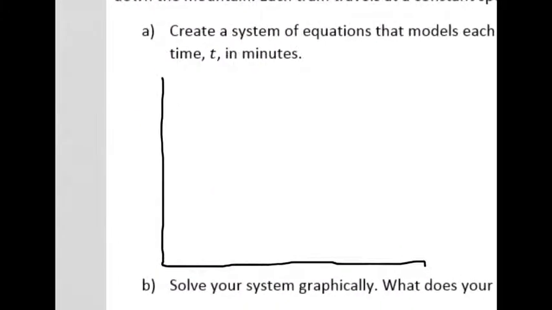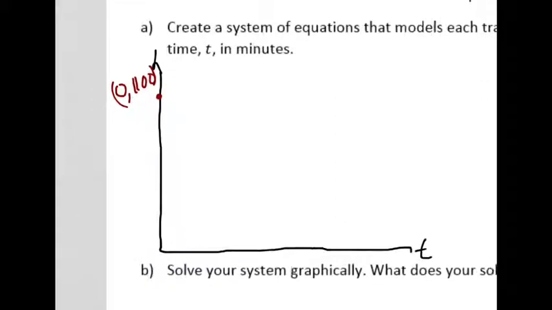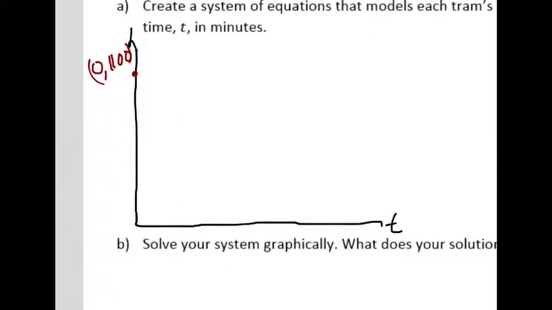Okay, so if you picture this point right here as 1,100 meters, the y-axis being height, the x-axis being time, this point right here would be (0, 1100). At 0 minutes, the red tram is 1,100 meters at the top of the tram ride.